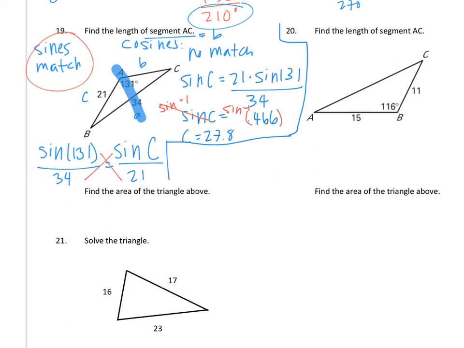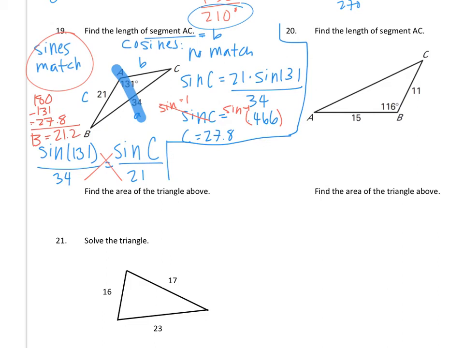Before I can set up my fractions, I need to find angle B. So to find angle B, I'm going to do 180 minus 131 minus 27.8. So angle B equals 21.2.